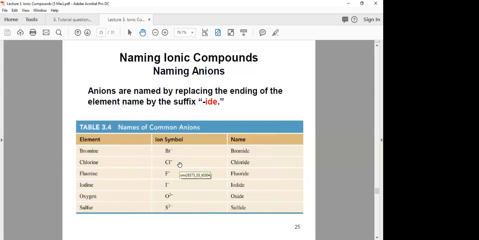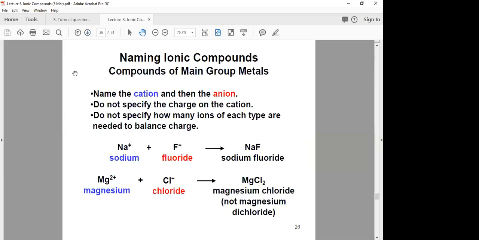Chlorine becomes chloride. Bromine in its charged form becomes bromide. Fluorine becomes fluoride. Iodine, iodide. Oxygen is a little bit different: oxygen becomes oxide in its charged form. And sulfur becomes sulfide. So that's just a rule that you have to remember when you see a negatively charged atom.